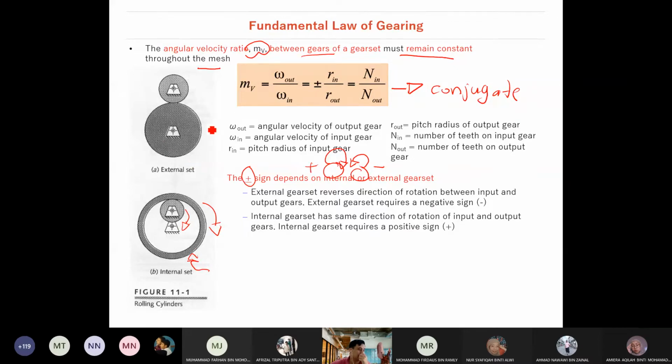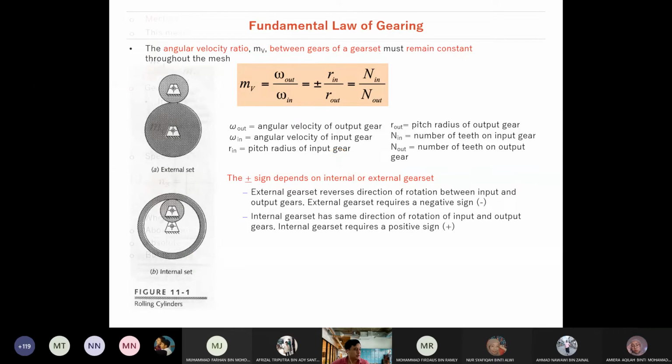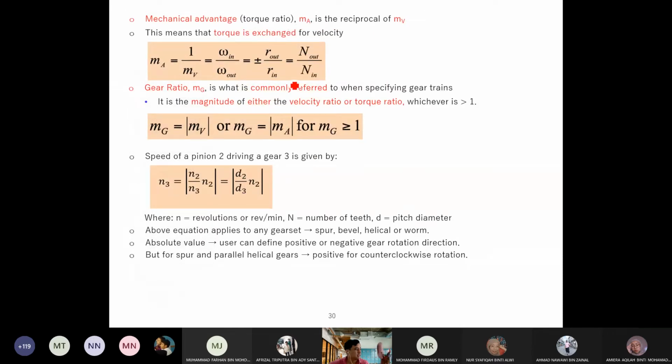Alright, this is the formula that awak akan gunakan: omega with radius and also number of teeth. Ni paling penting formula yang awak nak kena tahu. Okay, dia ada banyak term, m_G, m_A.